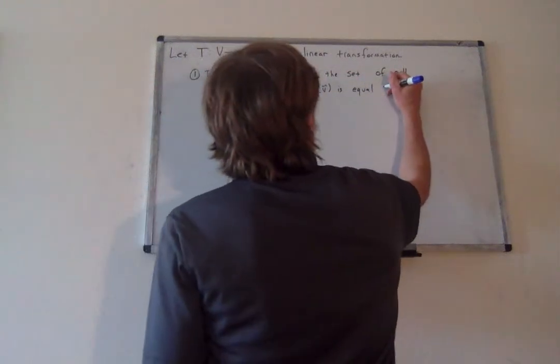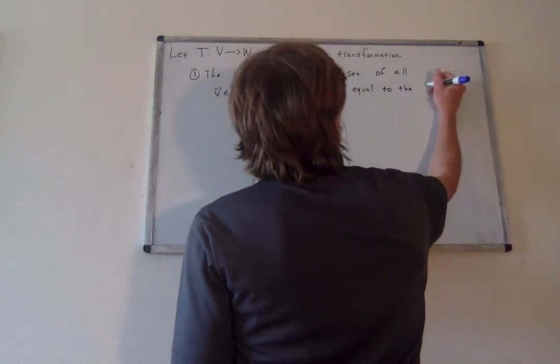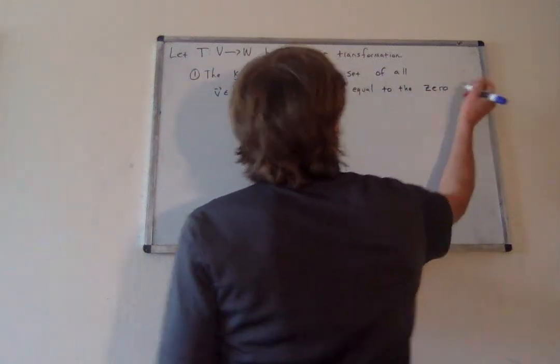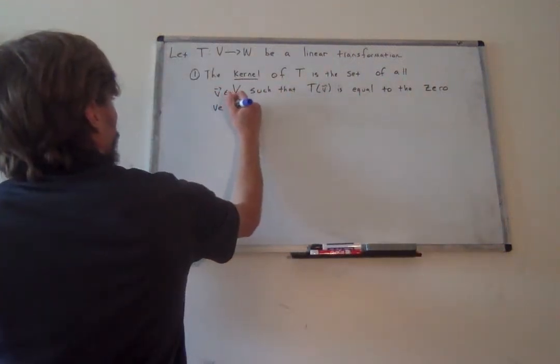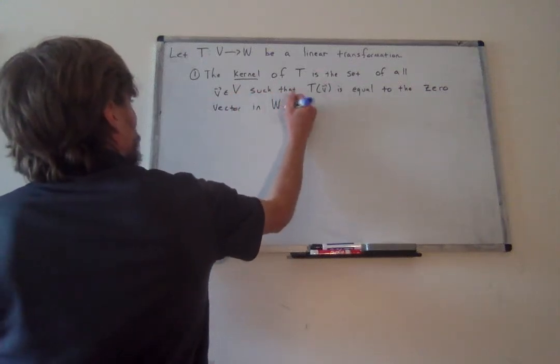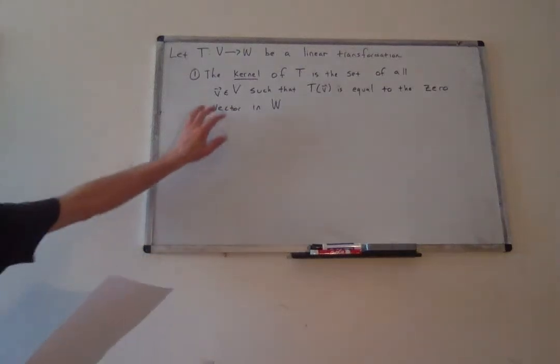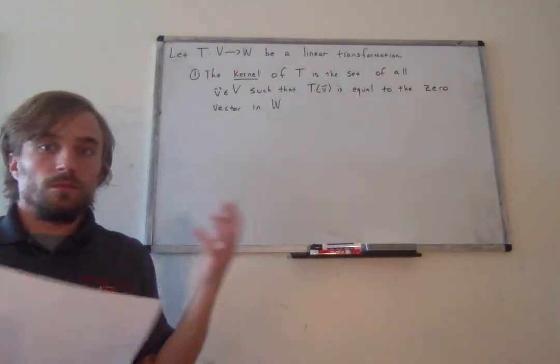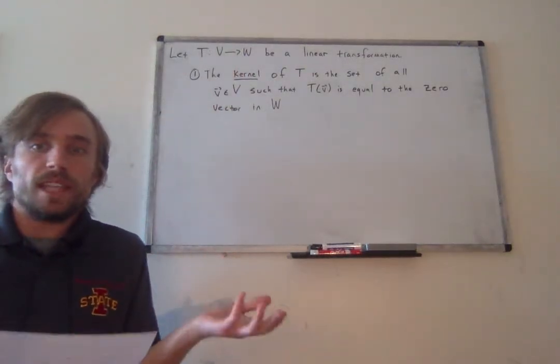Because remember, we are allowing ourselves to think of W and V as any vector spaces now, right? Not just Rn or Rm. And so the 0 vector in W could look sort of, we don't know exactly what it looks like.